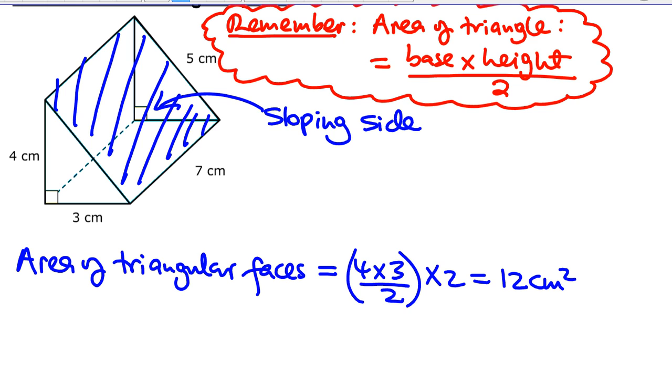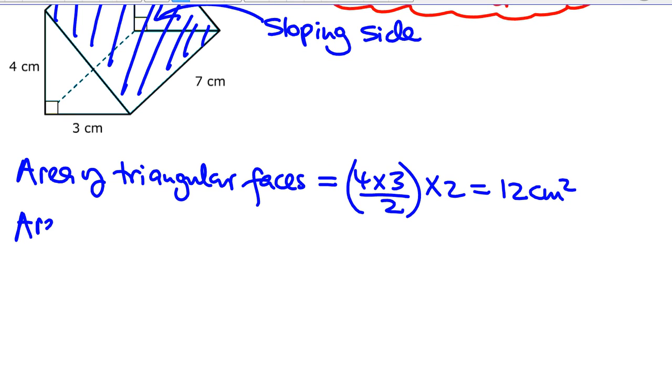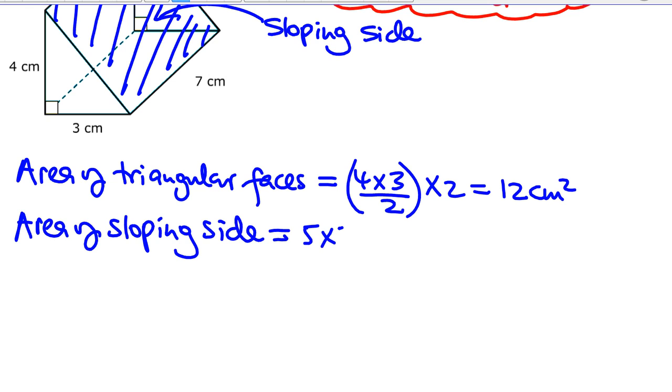So it's just 5 by 7. So the area of the sloping side will be just 7 multiplied by 5, which will be 35 centimeters squared.